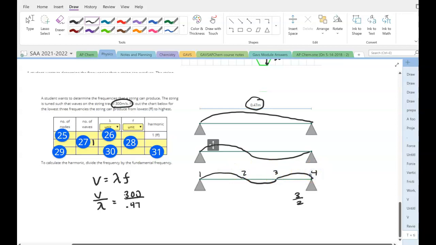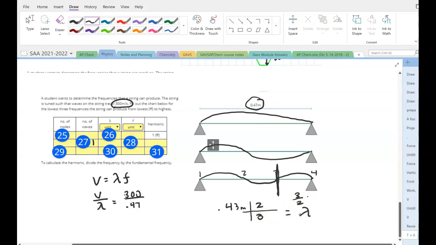Our wavelength here, since we have a total distance of 0.43 meters, and every time we have that length, we have 3 halves of a wave. So this would be the length of 1 wave, or the inverse of that, 2/3 of a wave in 4.73 meters, and that would give us our wavelength for that.